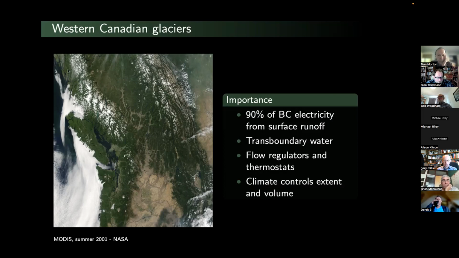Also along the Alaska borders here, we have water from both snow and ice that goes into other countries, namely the US. So transboundary water is an important component, not just here, but in other places of the planet where water becomes somewhat of a conflict in terms of how much is delivered and when. These glaciers typically melt in late summer, so they provide important flow regulators and thermostats to many of these headwater streams when seasonal snow has been depleted.